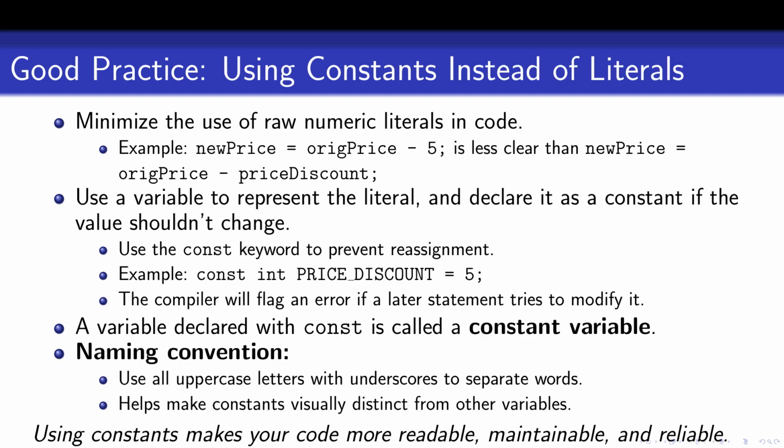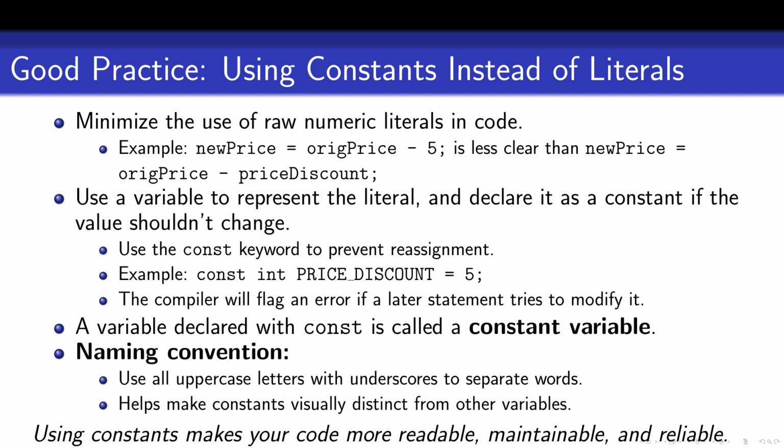A good habit in programming is to avoid hard-coding literal values directly into your code. Instead of writing something like new price equals org price minus 5, it's much clearer and more maintainable to write new price equals org price minus price discount. That way, it's obvious what the value represents. To prevent that constant value from being accidentally changed later in the code, you can declare it using the const keyword, like const int price discount equals 5.